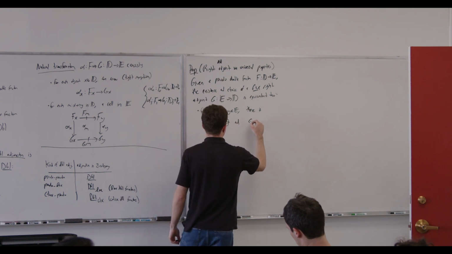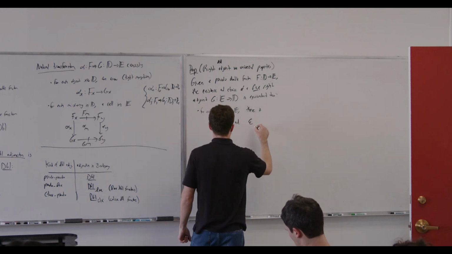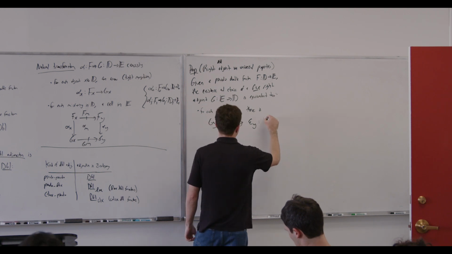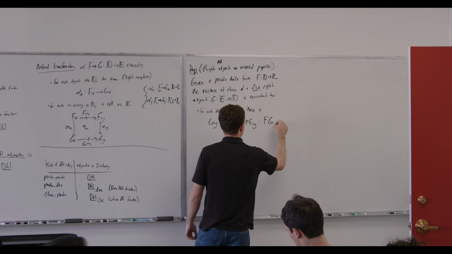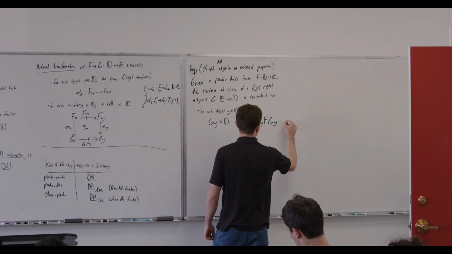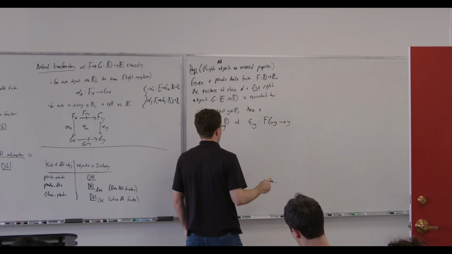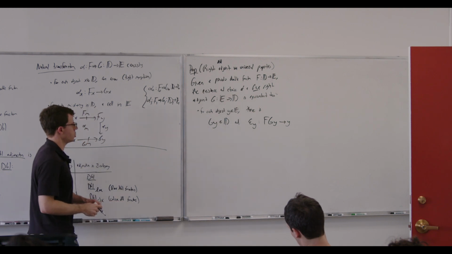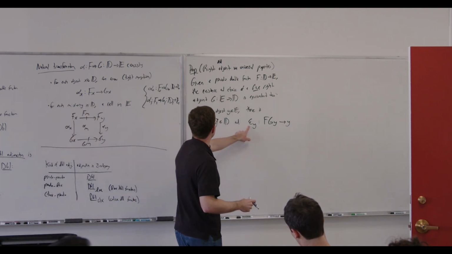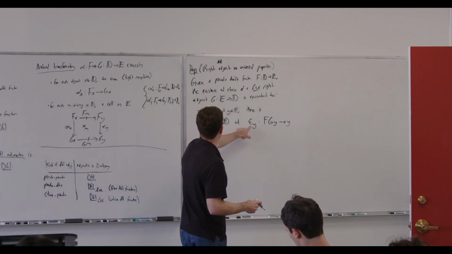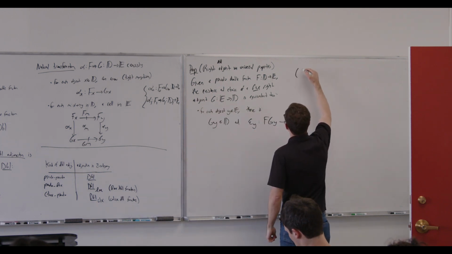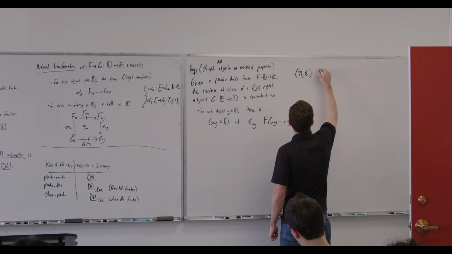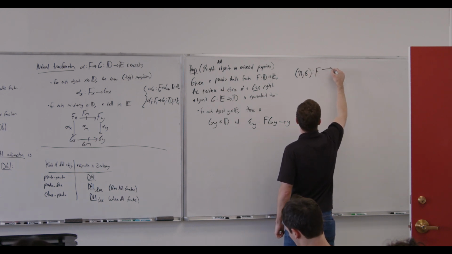And then there's an arrow, epsilon sub y, that goes from F G y to y. Again, the reason for this notation is that this is going to be defining the co-unit of the adjunction.